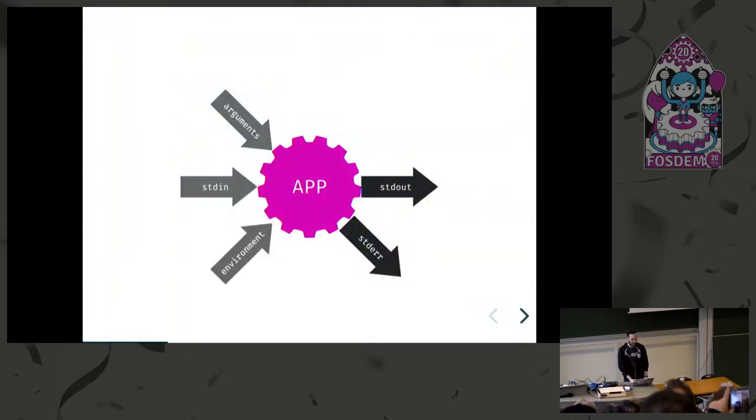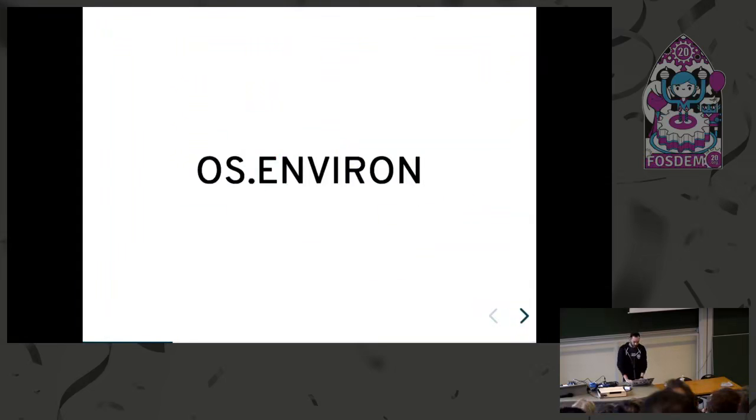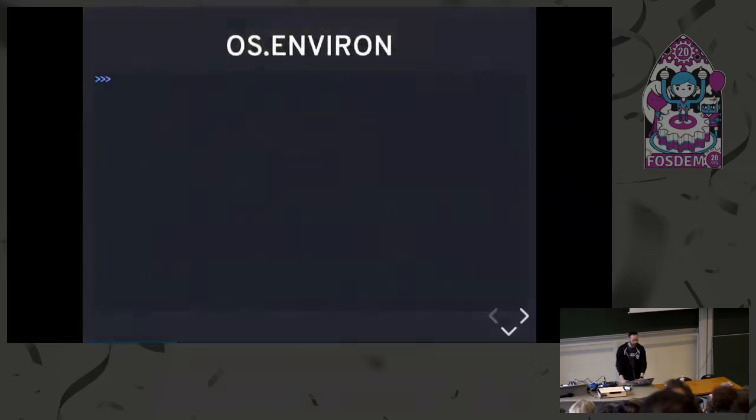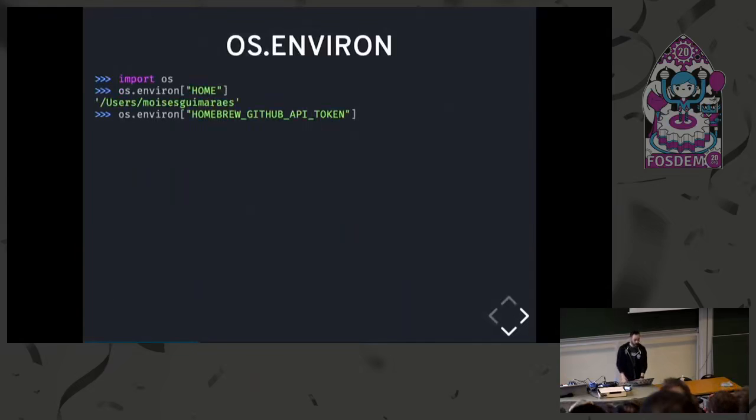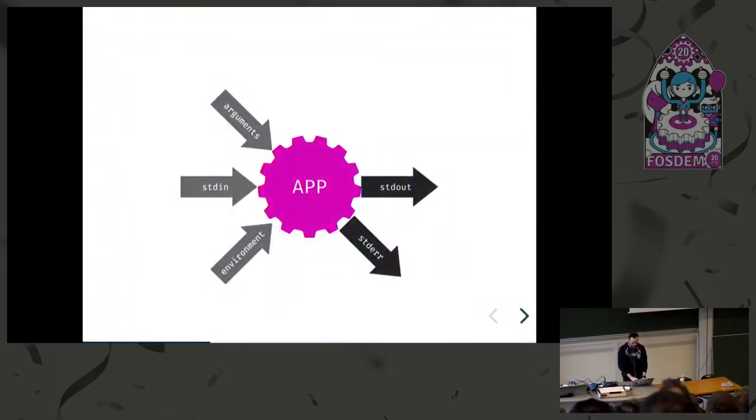Next one, we have environment variables. So in Python, we use os.environ, and you can import os and then see your environment variables. But also, we can have some private information there that we want to keep secret. Another thing, configuration files.